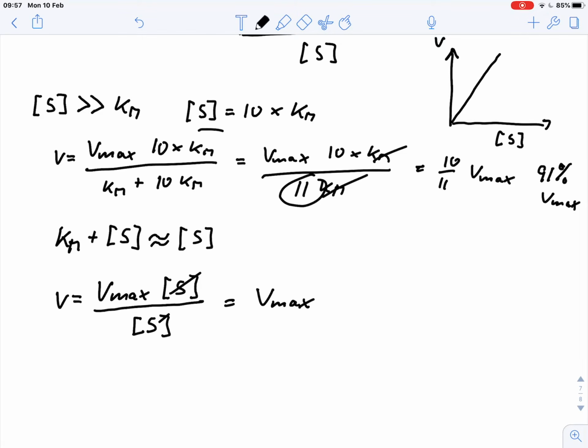Or we can write this also as S to the power of 0, because anything to the power of 0 is 1. So under these conditions, when S is really, really large compared to Km, we have a zero order.